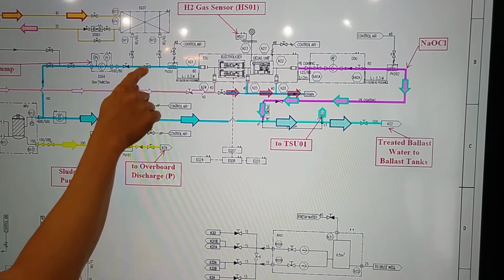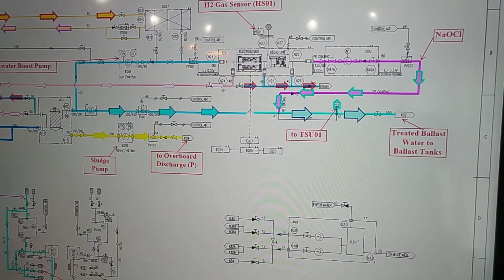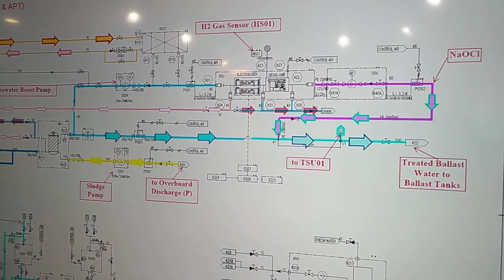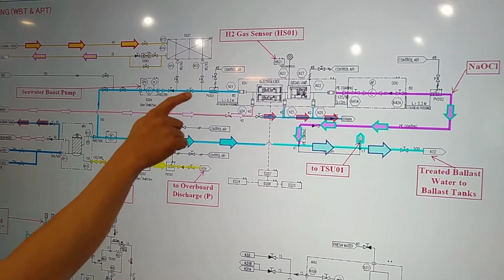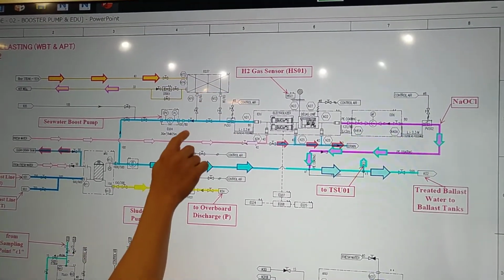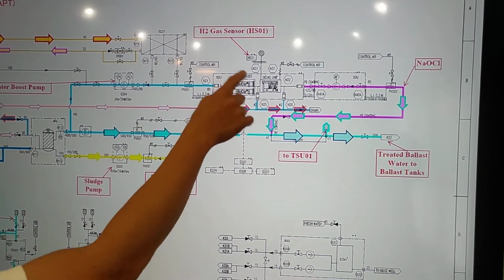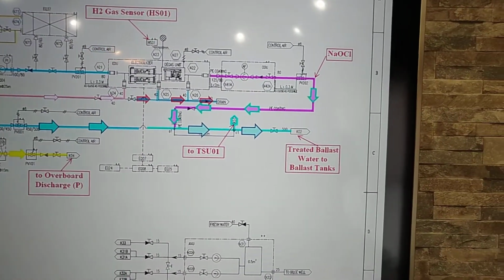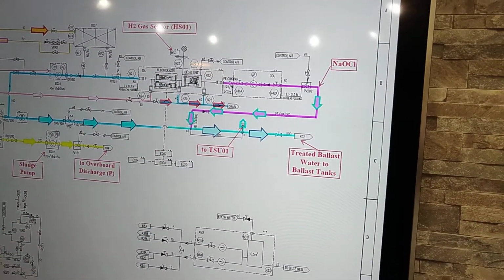So we have to close this and open the valve going to our heat exchanger in order to maintain the temperature at least more than 5 degrees centigrade. Okay, so if the seawater is at low temperature, we have to use the heat exchanger. So we have to pass first to the heat exchanger and then goes to our EDU. And then from EDU, we have the hydrogen gas and sodium hypochlorite.